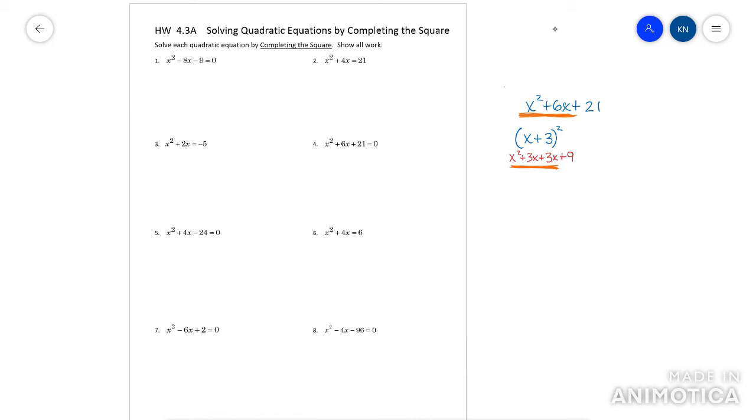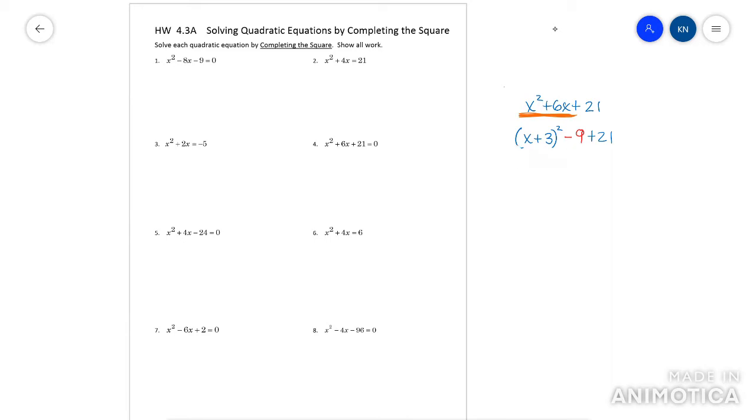The thing is, you're adding plus 9 out of nowhere. So you have to account for that plus 9 by minusing 9 right afterwards. The plus 9 and the minus 9 would cancel. And then also, don't forget, you still have plus 21 at the very end from the original equation.